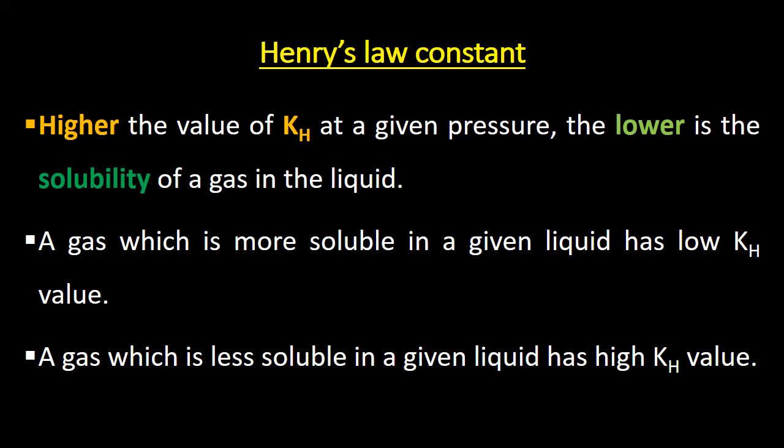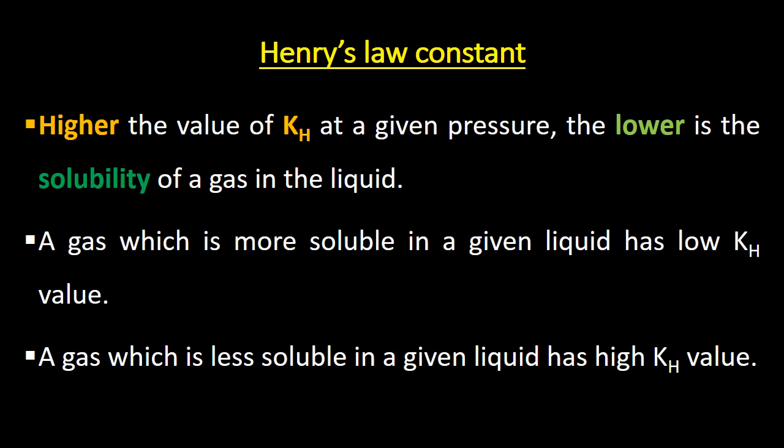Henry's law constant, that is KH. The higher the value of KH at a given pressure, the lower is the solubility of the gas in the liquid. That means the solubility of a gas in a liquid and Henry's law constant are inversely related.